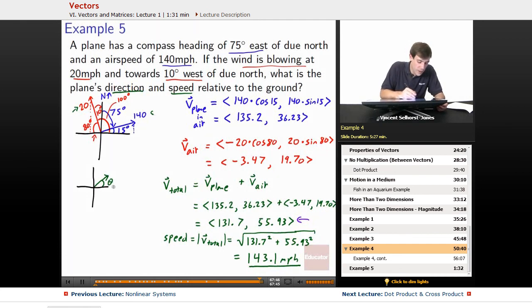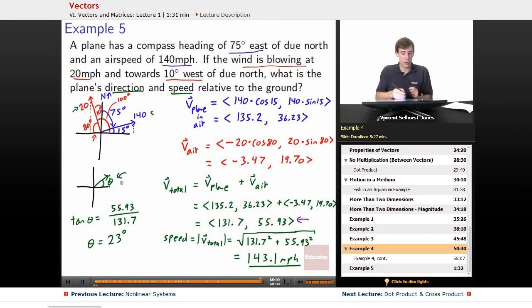So we're looking for this angle here. So tan of theta is going to be the side opposite, the vertical component, 55.93, divided by the side adjacent, the horizontal component, 131.7. We take the arctan of that. That gets us theta equals about 23 degrees. Now notice, that's what theta is equal to.